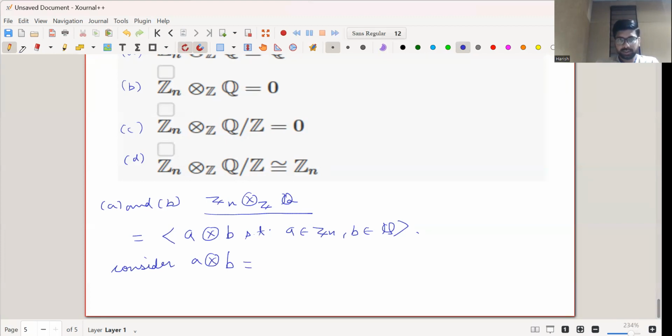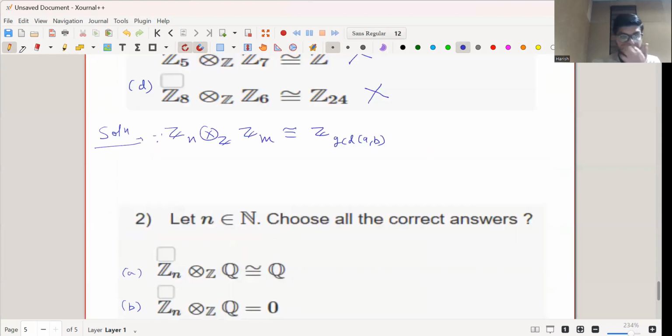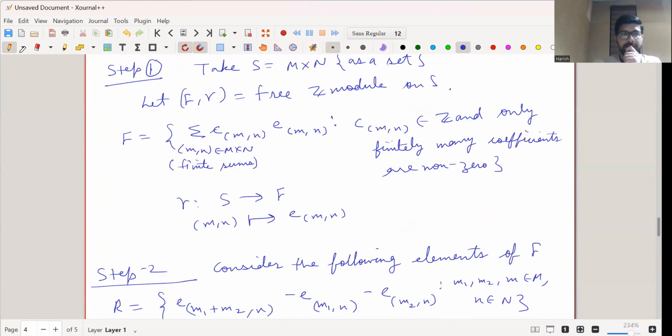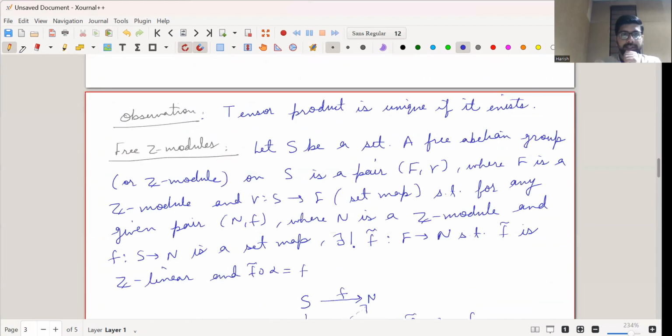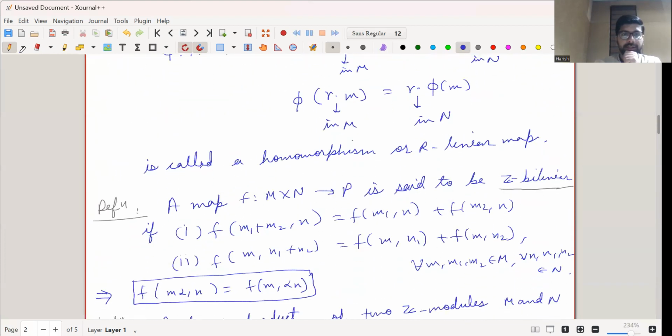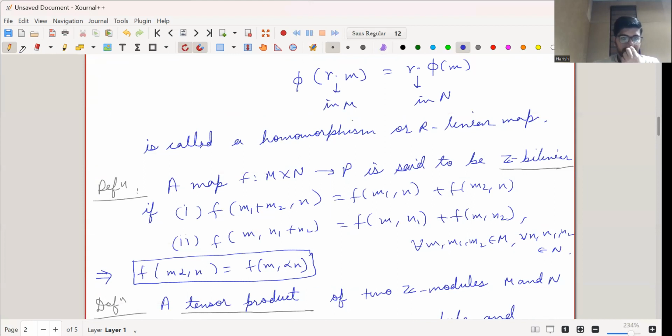Then this is equal to, I can multiply both sides of B with n, right? n is the same n, of Zn. So this n I can take to this side. Why? Due to this property that we saw, that if n is an integer, in particular an element of the ring, then f of (m alpha, n) is (m, alpha n).